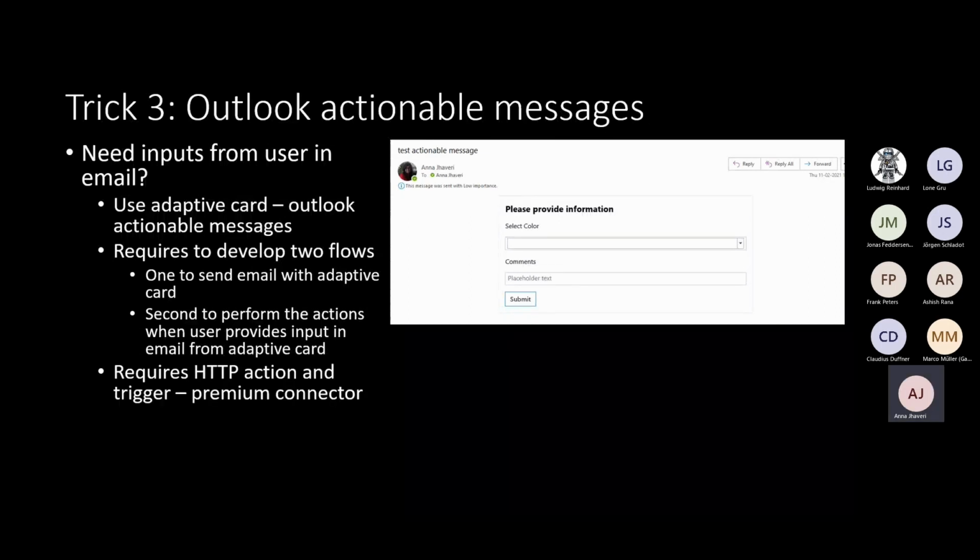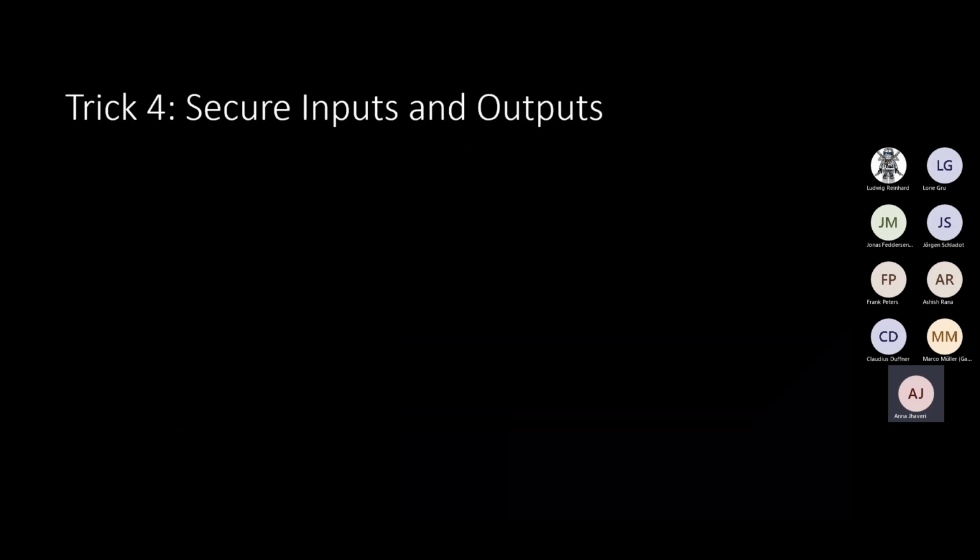So this is a non-approval email, it does not involve approval, but you generally want to take some feedback from the user from the email. That is how you can do that using adaptive cards and creating two flows for those adaptive cards. But this requires the use of a premium connector, so keep that in mind.